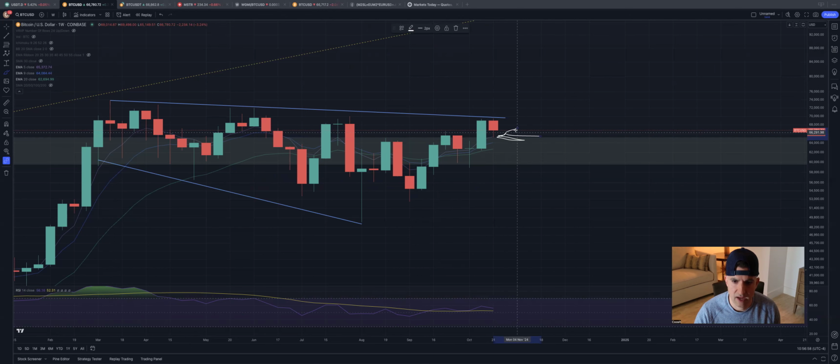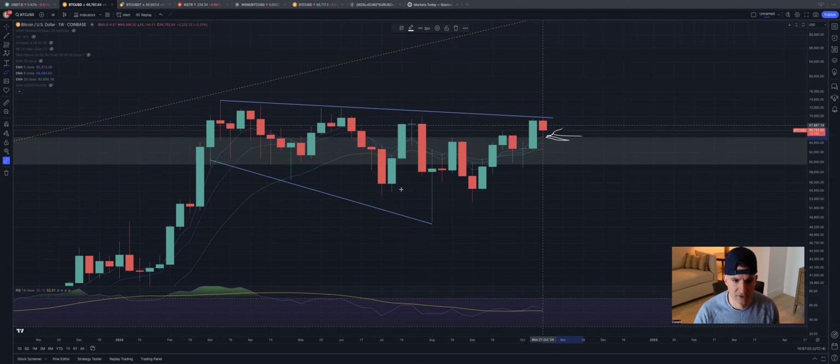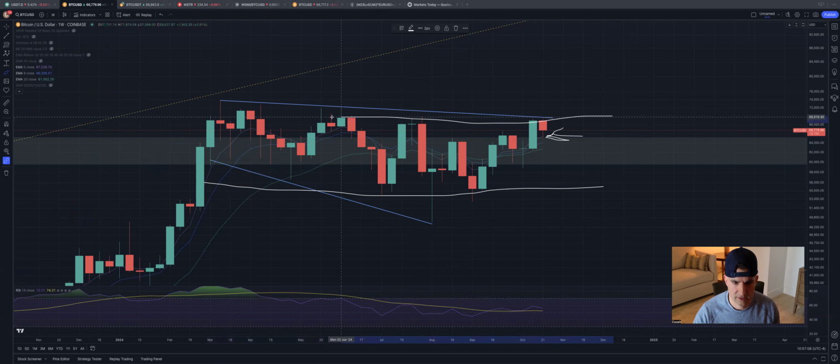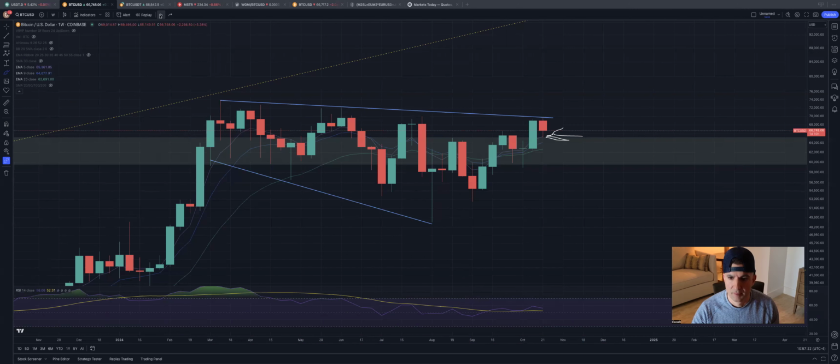We've got that 5 test, and now we're simply consolidating towards the end of this range. Basically, that's just one big range. Spring, you got a test, you got a last point of support, and now, for all intents and purposes, you could even call this a sign of strength type of move.